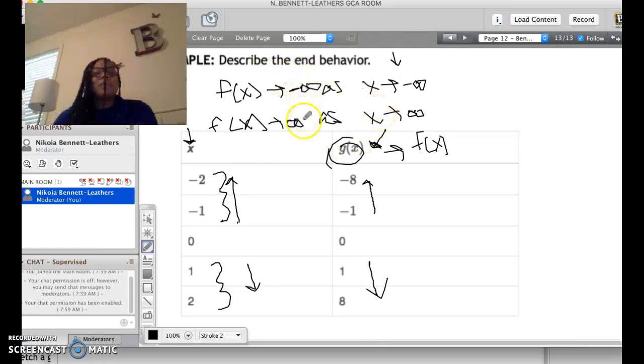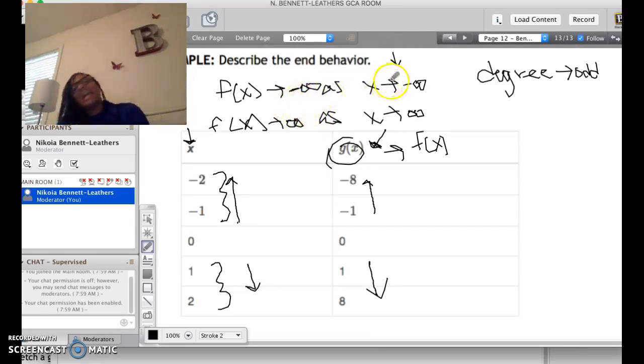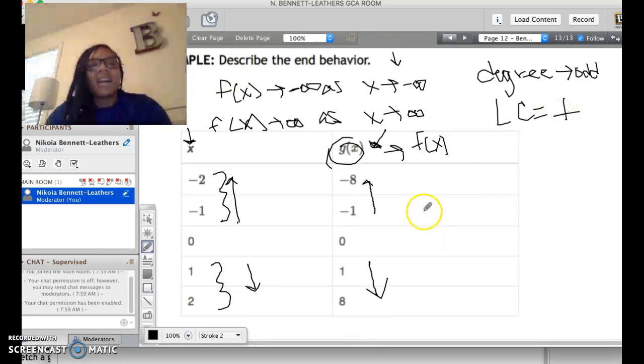Because f of x is going two different ways on its end behaviors, I know the degree of this polynomial has to be odd, right? And because f of x is going negative on the negative side of the x-axis, and going positive on the positive side of the x-axis, that tells me the leading coefficient of this function has to be positive. All right?